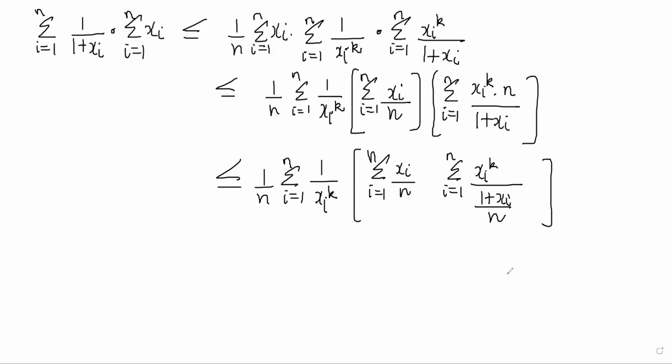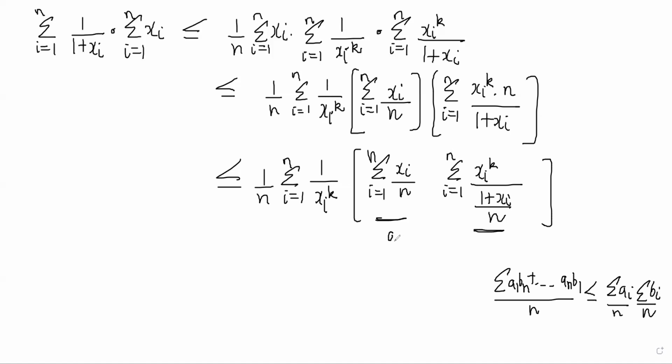I know Chebyshev's inequality says that the summation of a1 bn and so on till an b1 by n is less than or equal to summation of ai by n times summation of bi by n. Now suppose I have two different summations here. This is my summation ai and this is my summation bi. So that is greater than or equal to the product of them, the product in the reverse order, right?